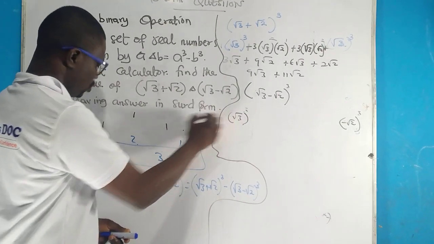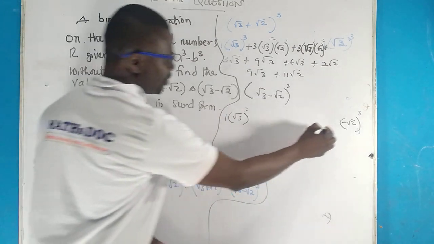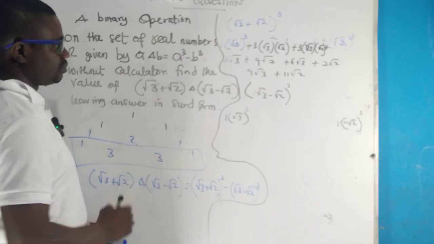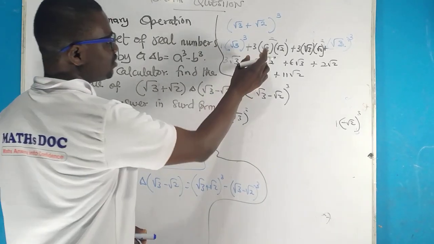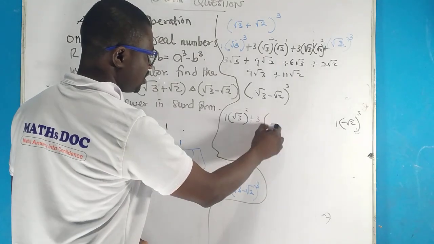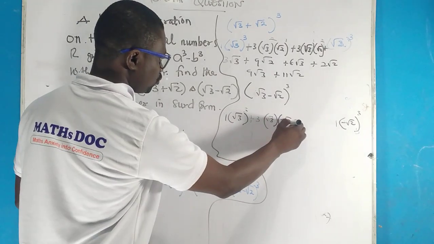The first one will pick the 1 here, and the last one also picks the 1 there, so we are left with this 3. The 3 takes the two values in a bracket. So plus 3, then you put the 2, then root 3, similarly minus root 2.